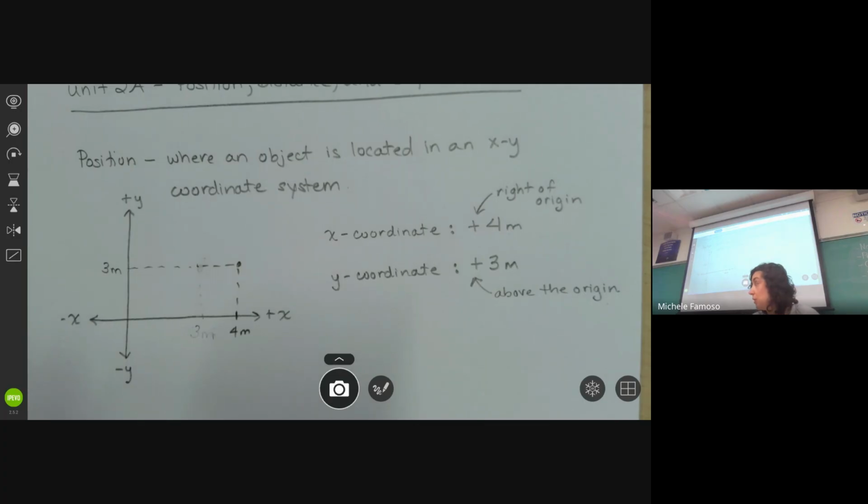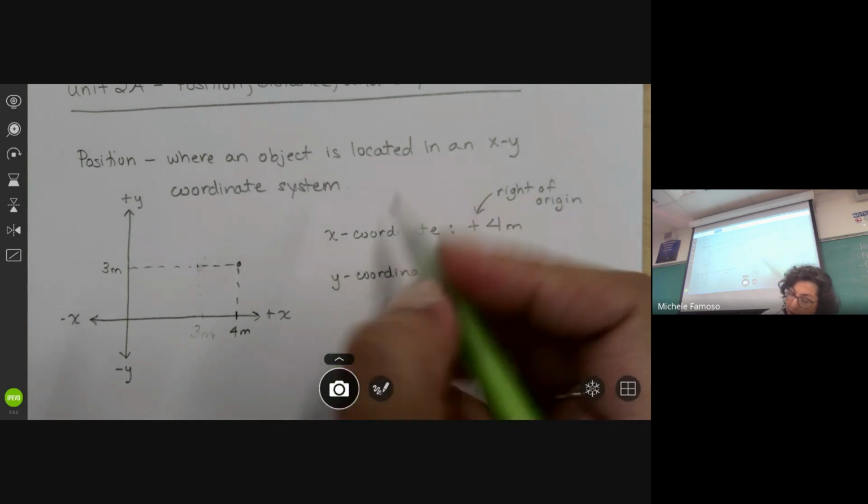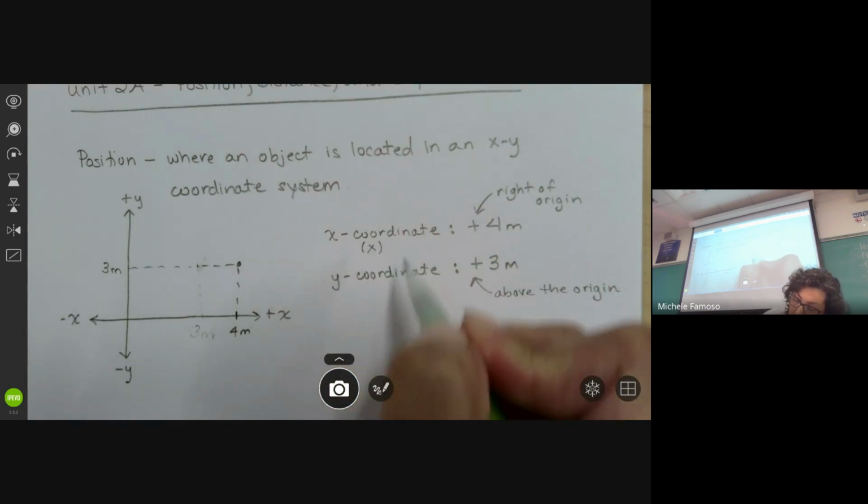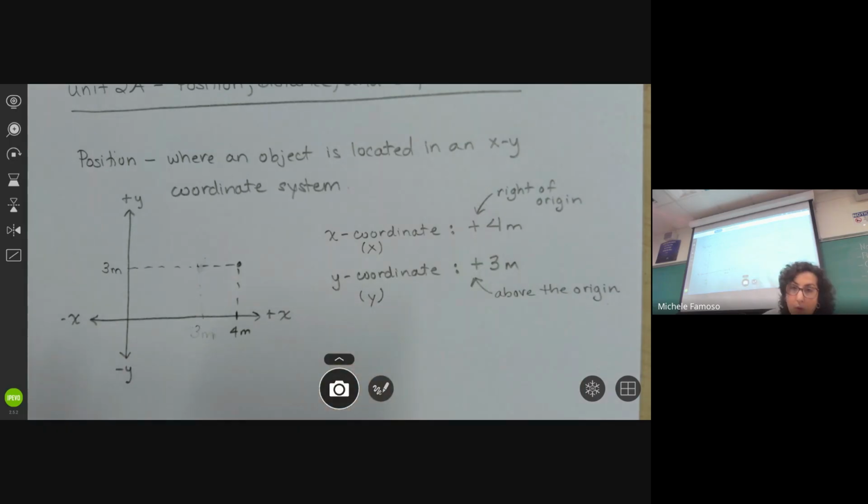You just said you were 4 meters away, which means you could be to the left of the origin. Do you understand the difference? You need the positive sign in front of it to indicate the direction you are away from the origin. The x coordinate, we will abbreviate with an x. The y coordinate, we will abbreviate with a y.